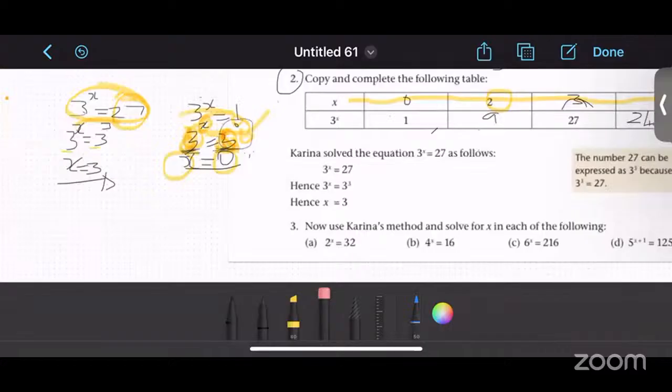Ma'am, we square root the 32. What do I write? 32 into a square root.